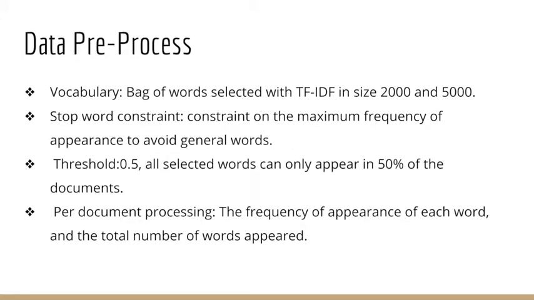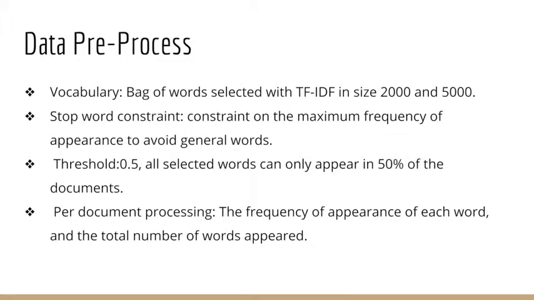Because we only have raw text data, we need to extract vocabulary from them using the TF-IDF method. In this method, the words in all those documents are evaluated, and we just take the first 2,000 or 5,000 words with the highest scores.